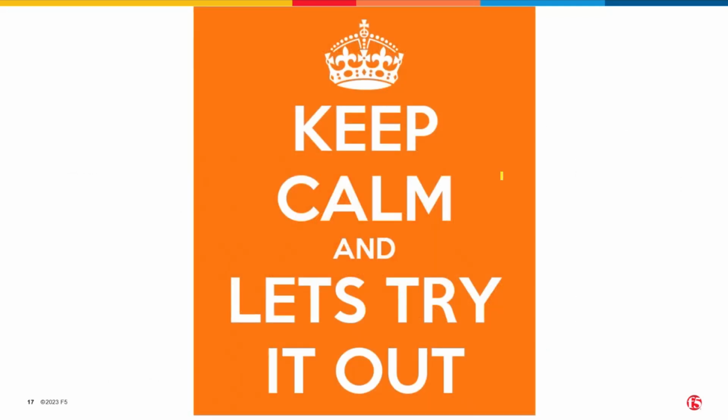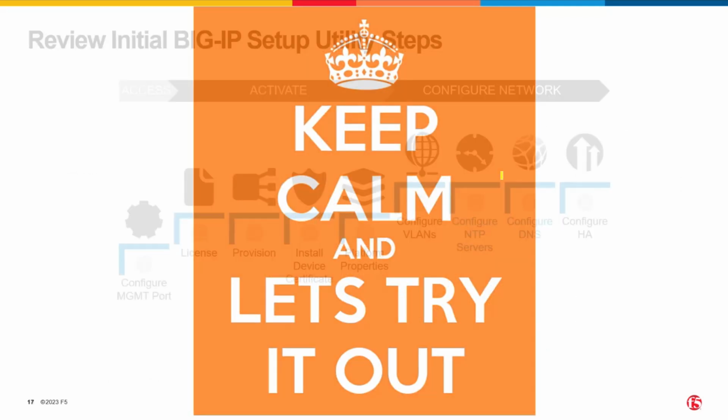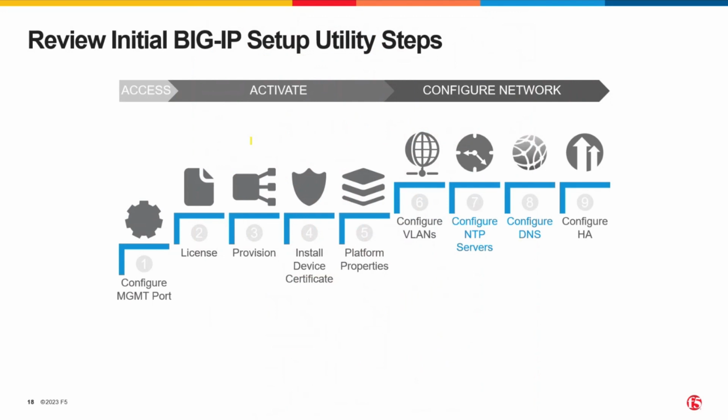So let's try it out, and in just a few minutes, we are going to connect to our labs. This is something that you have to do when you get a new appliance.